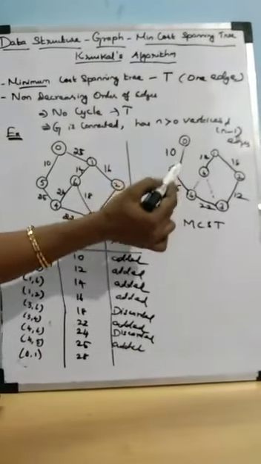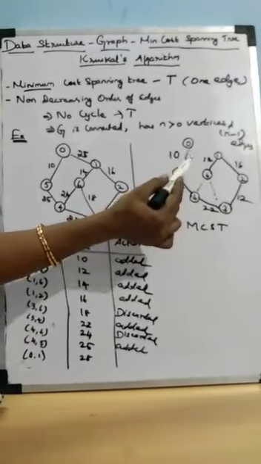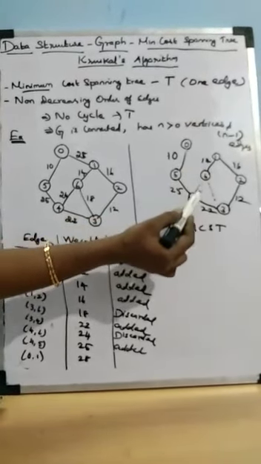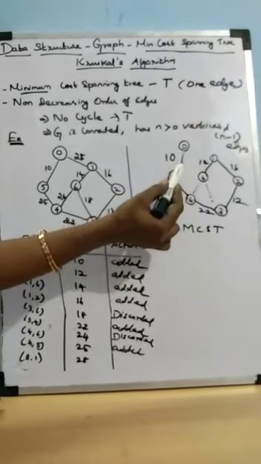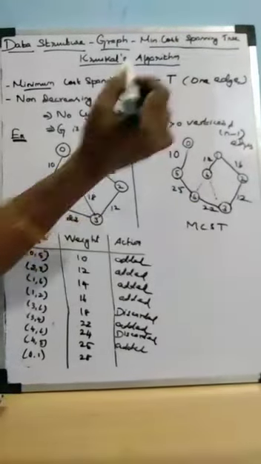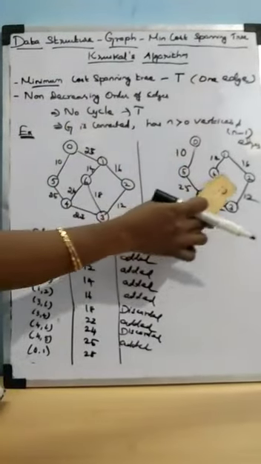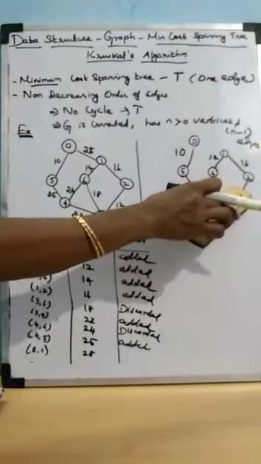Okay, now it contains n-1 edges. The graph has 7 vertices, and the tree has 1, 2, 3, 4, 5, 6 edges, so it contains 6 edges.